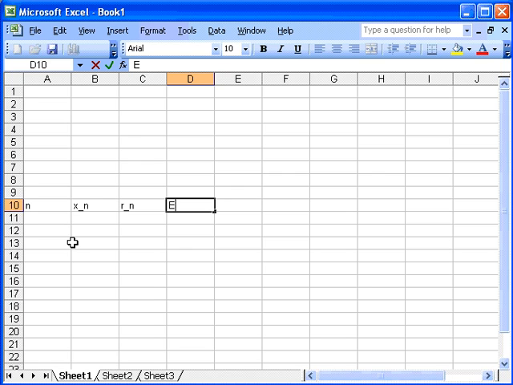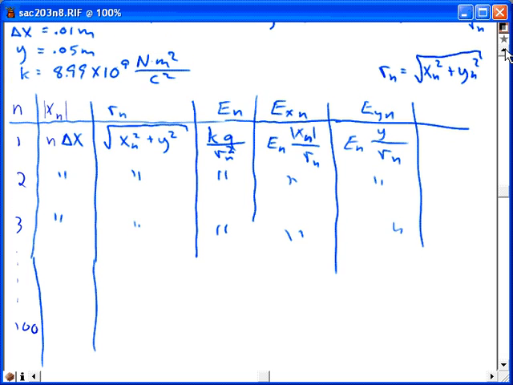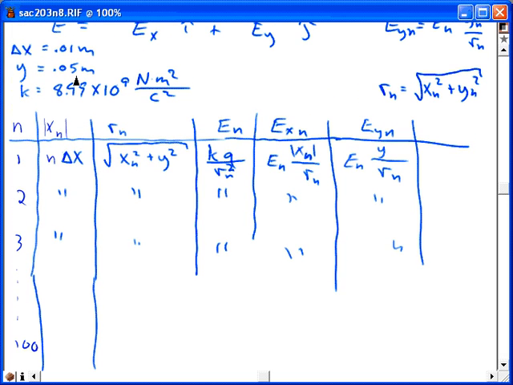Then E sub n, E x n, I call it, or E n x, doesn't really matter what order you use, and E y n. Let me check to see if those were the titles I had there. Yeah, it looks good. And then this is just n delta x. I need some numbers up here. We've got delta x, y, and k.